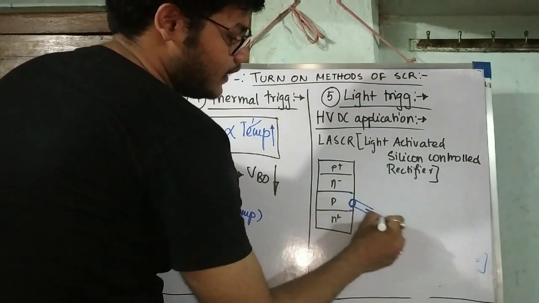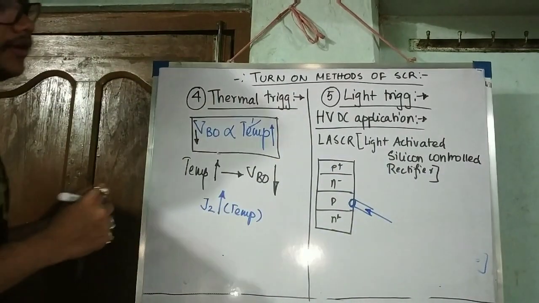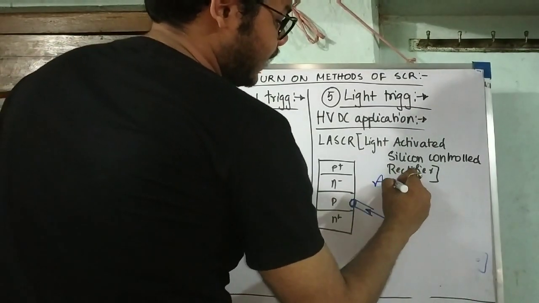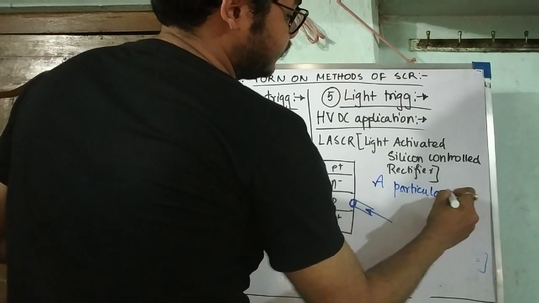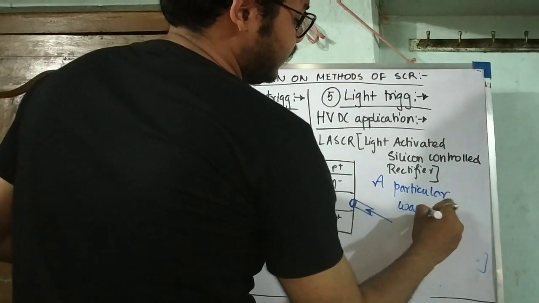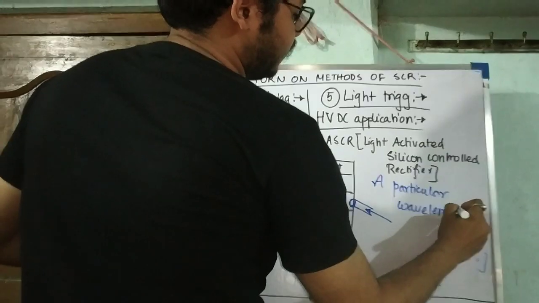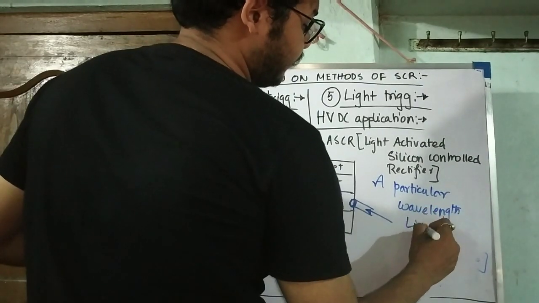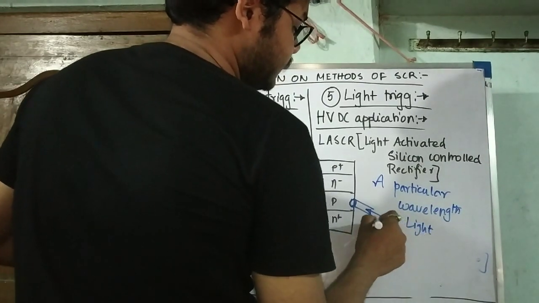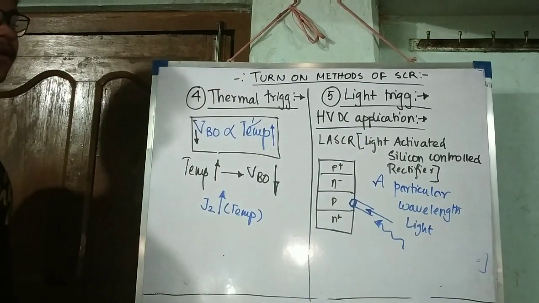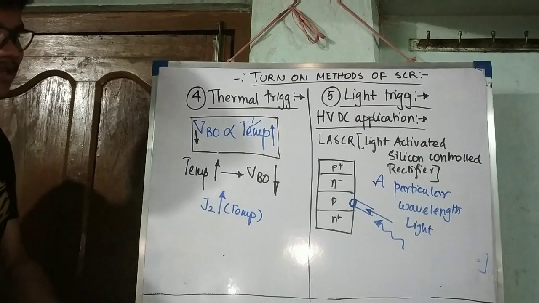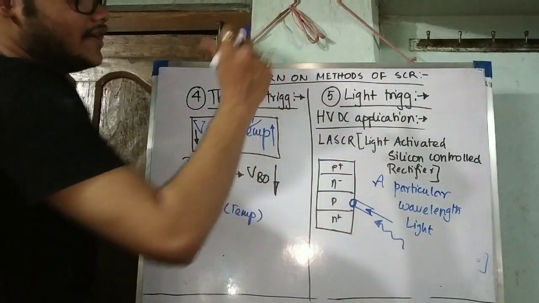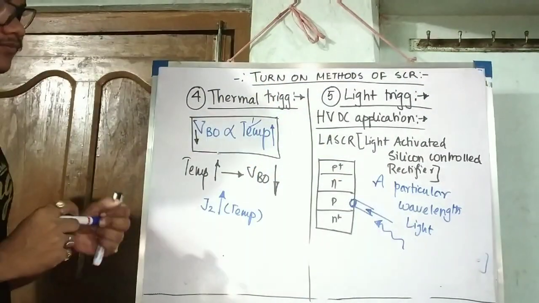Now light of a particular wavelength falls across your P terminal, which increases the carrier concentration, and your device starts conducting.